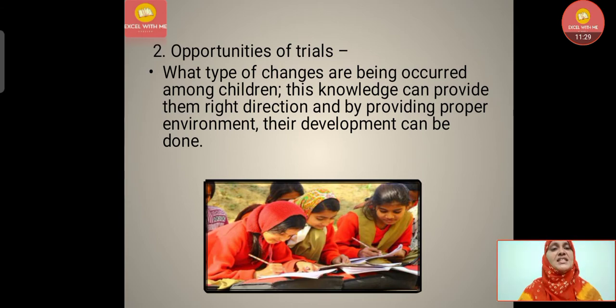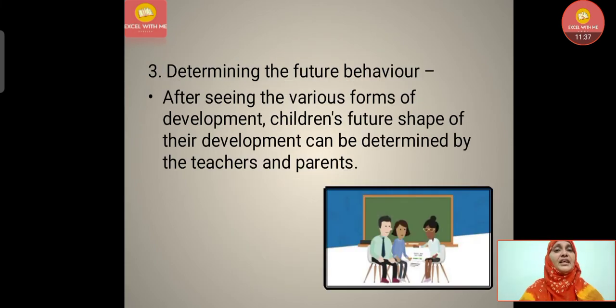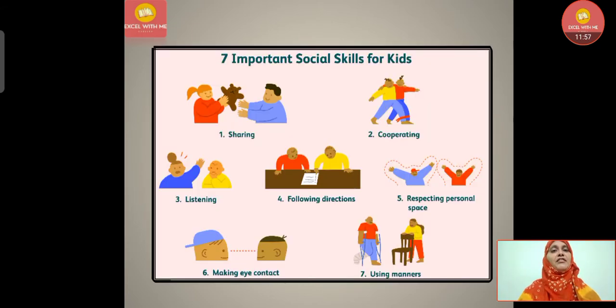If a child is given a proper environment, then the growth and development will be in a correct direction. The third one is determining the future behavior. After seeing the various forms of development, the future shape of children's development can be determined by the teachers and parents. These two play a very important role in a child during the childhood stage of growth and development.